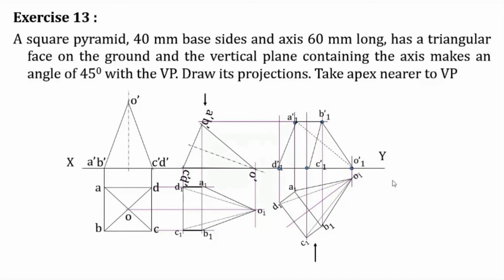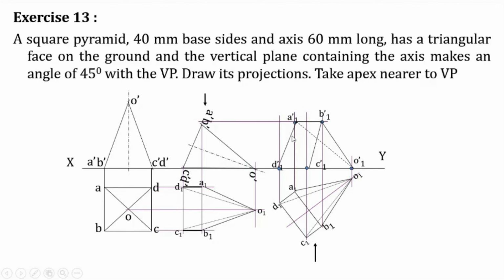Now the line from A1 dash to O1 dash will be invisible. Why? Because in order to reach that particular line, you have to pass through this particular object. All the other edges are visible, because the two edges starting from A1 dash, A1 dash to B1 dash as well as A1 dash to D1 dash, constitute the outermost edges.